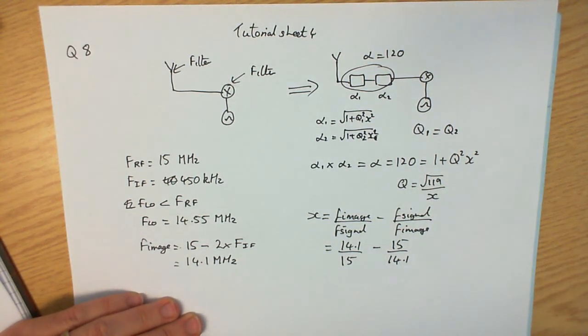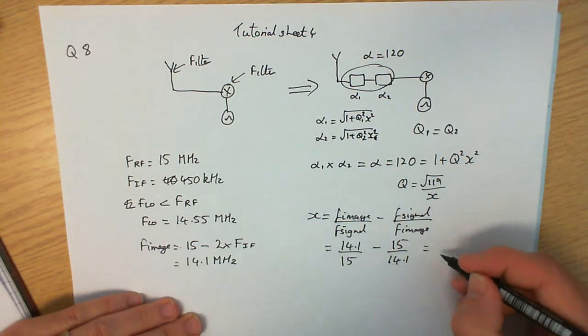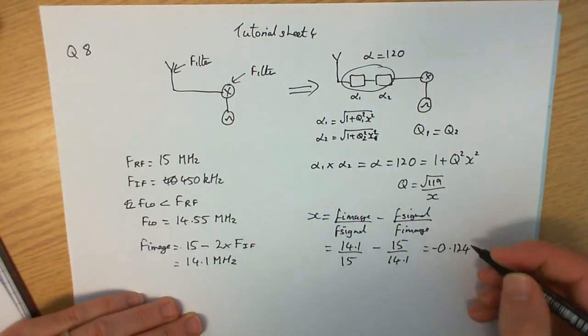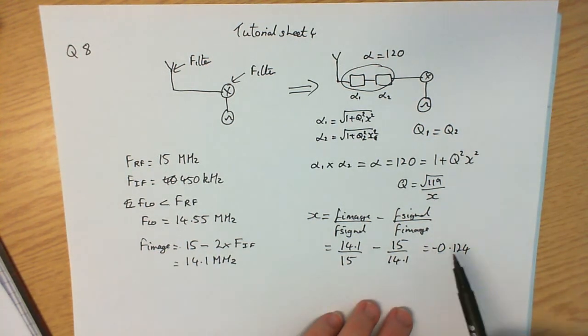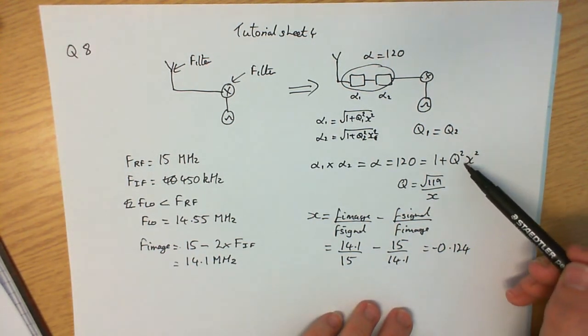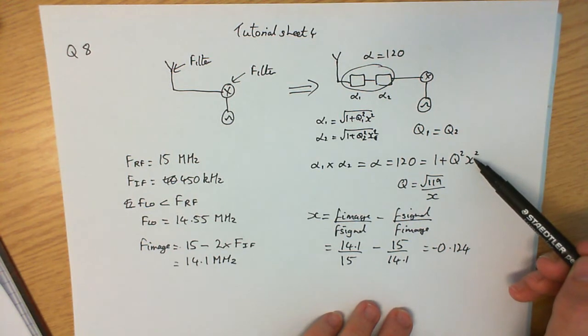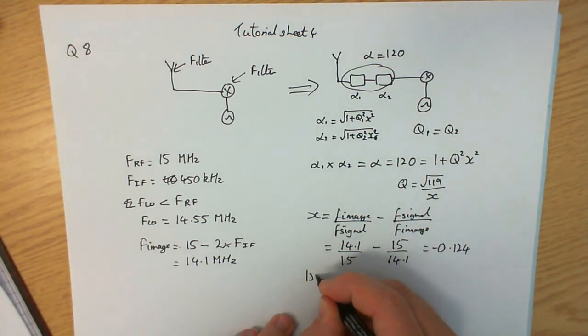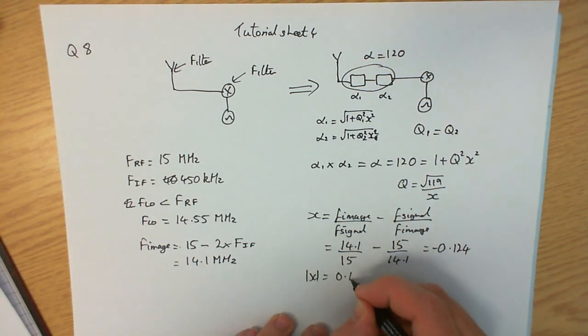If you work that out, you get minus 0.124. Well, we're not actually interested in the minus, because in the equation that you start off with, x is squared anyway, so we're only interested in the magnitude of x, which is 0.124.